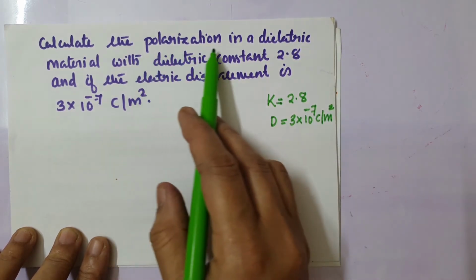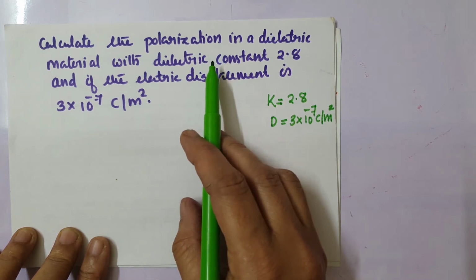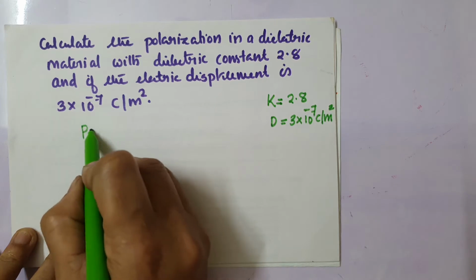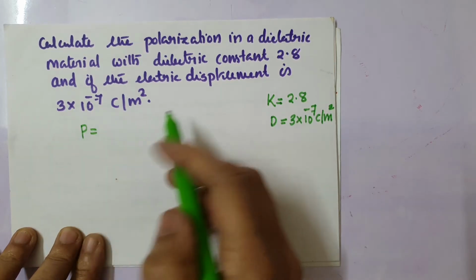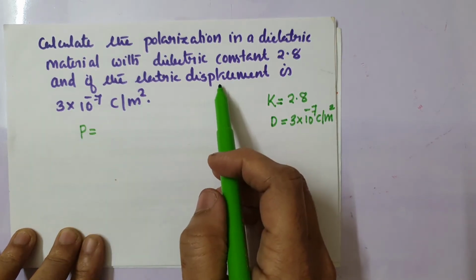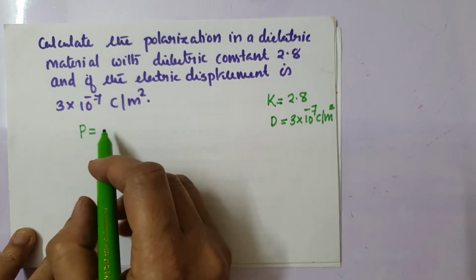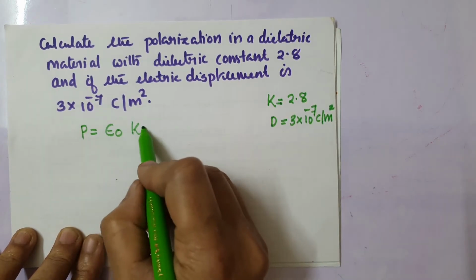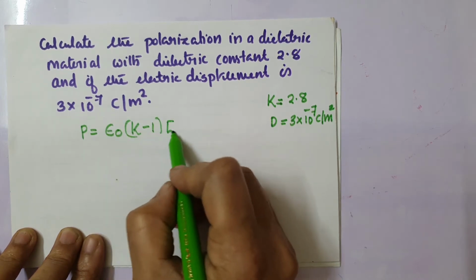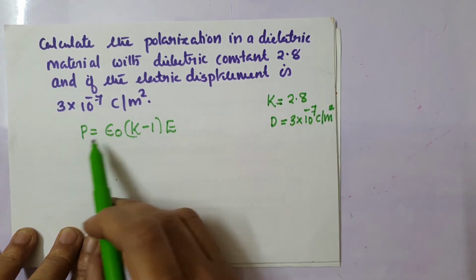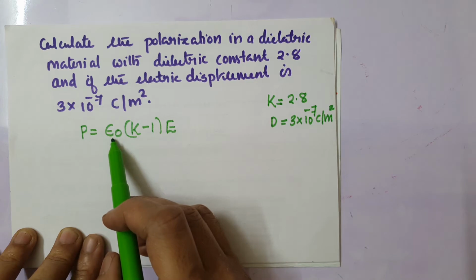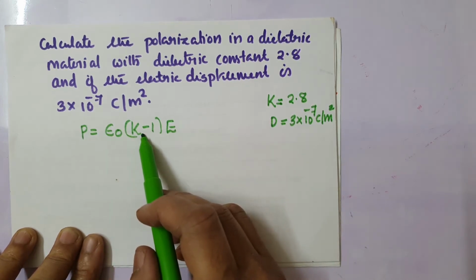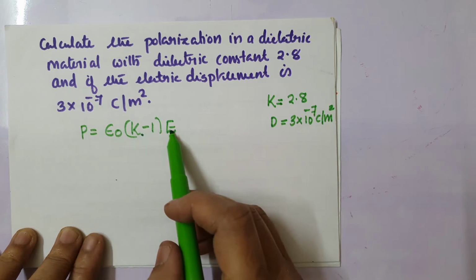And calculate the polarization. So we have studied the equation for polarization in terms of the dielectric constant and also the electric displacement vector. The equation is P is equal to epsilon 0 (K minus 1) into E. P is the polarization, epsilon 0 is the permittivity of free space, K is the dielectric constant and E is the electric field.